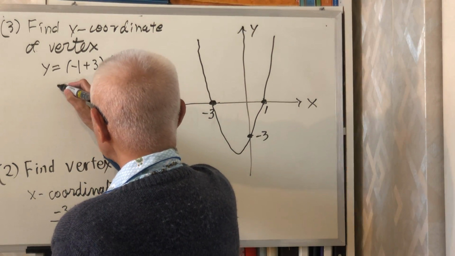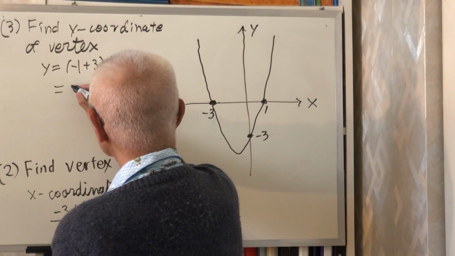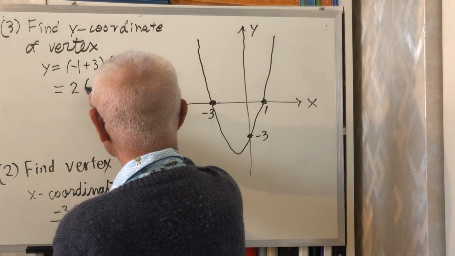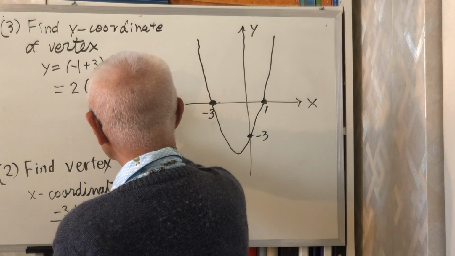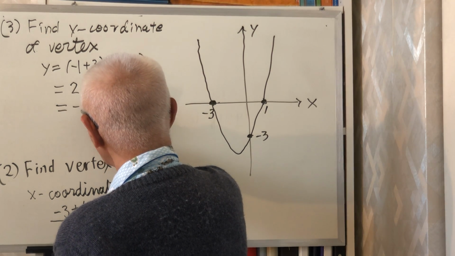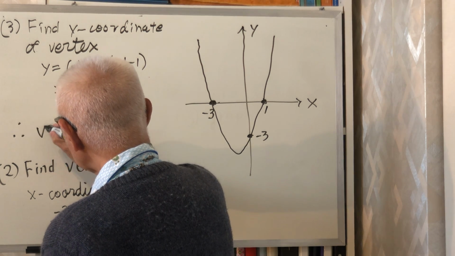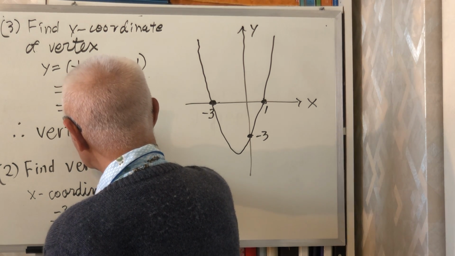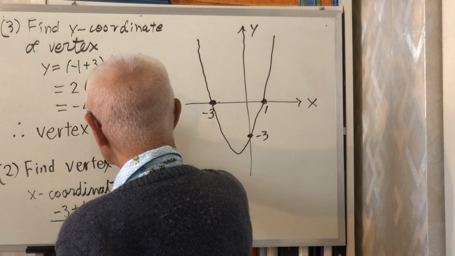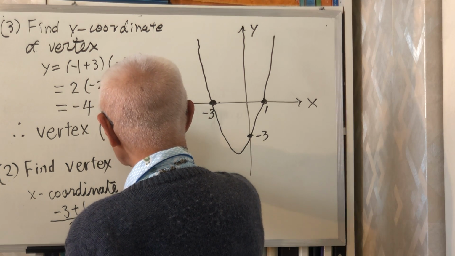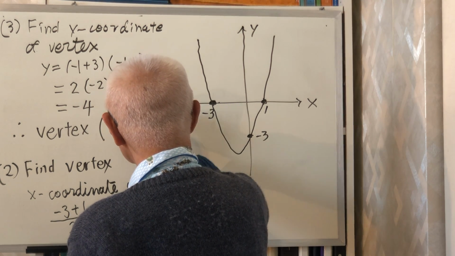So the y-coordinate is 2 times -2, which is -4. Therefore, the vertex is -1, -4.